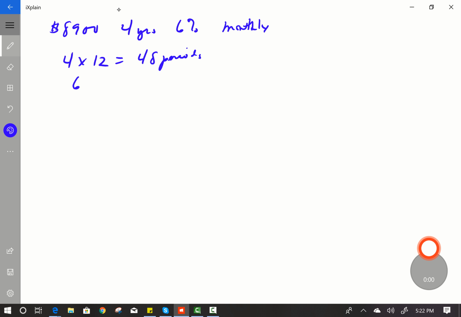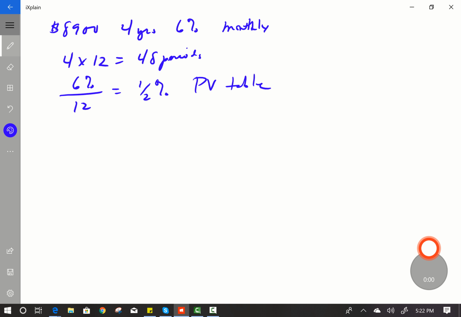Then I'm going to take 6% and divide that by 12 times a year. And that would give us 1/2%. So I'm going to use that present value table again. In fact, I'm just going to put PV out here to the side just to remind you on this one.